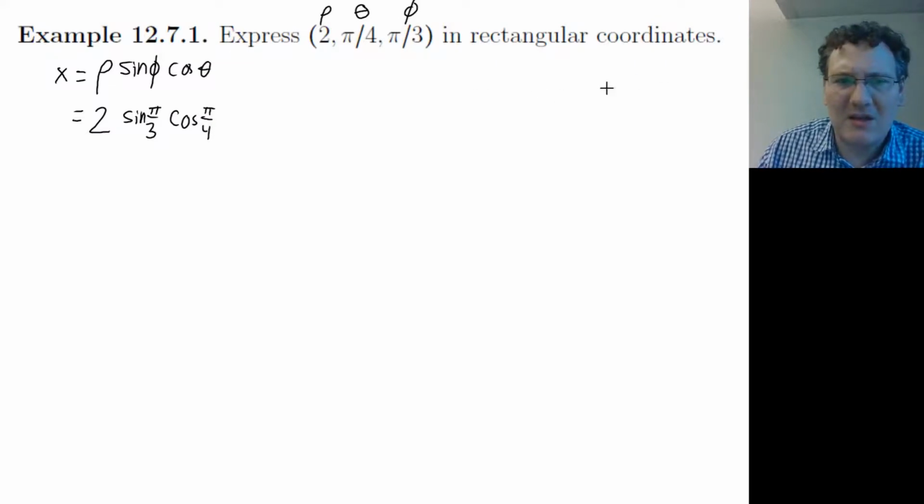Now remember, on the unit circle, pi over 3 is right up here. The sine is root 3 over 2, and the cosine is 1/2.